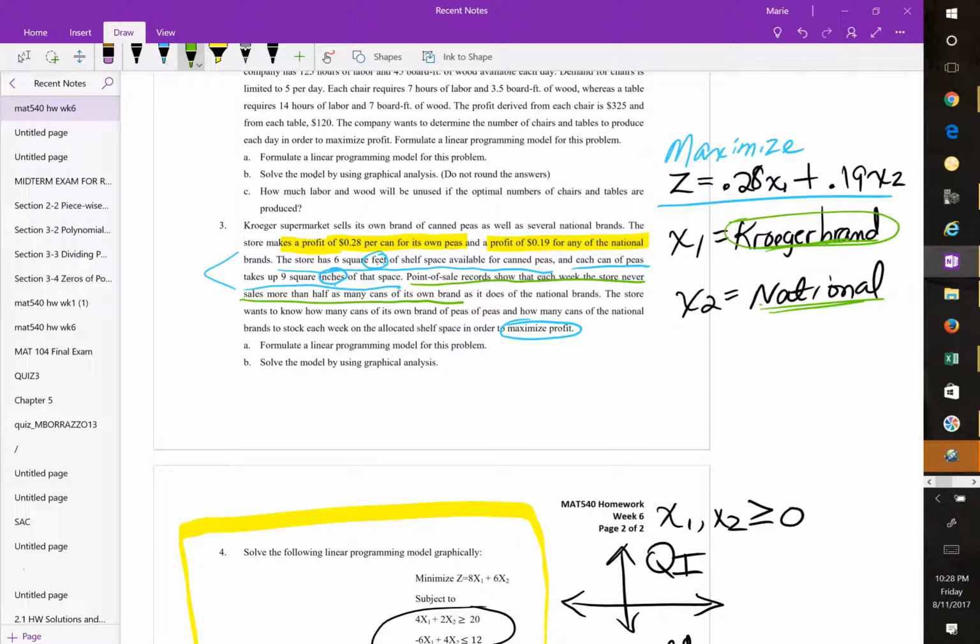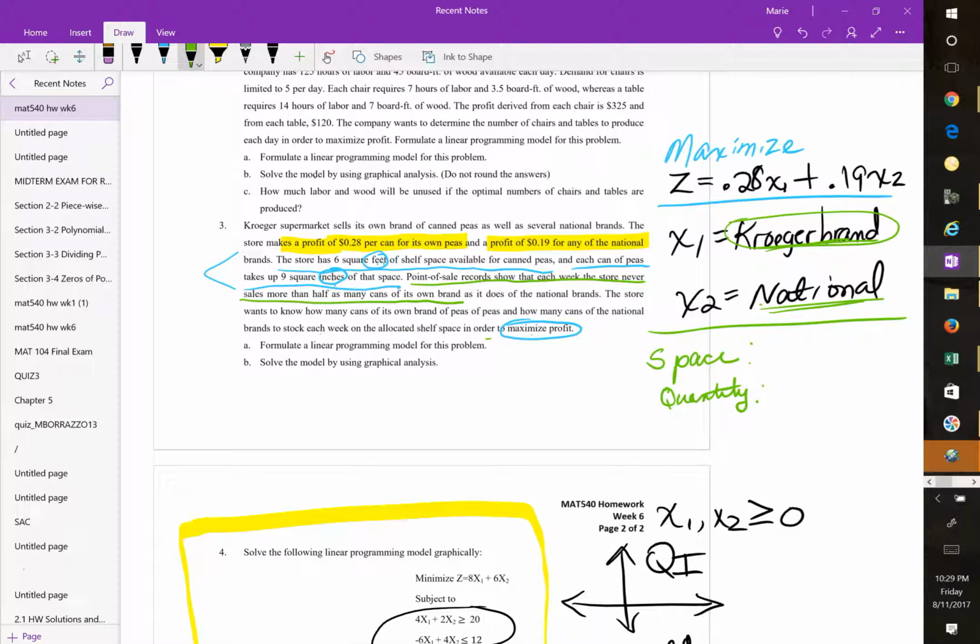Okay? The store wants to know how many cans of its own brand of peas and how many cans of the national brands to stock each week on the allocated shelf space in order to maximize profit. You're going to do the same thing. So you need to account for space, and you need to account for quantity sold, and obviously the shelf space will tell you how many cans, and the quantity sold has to do with how many cans you're going to put out.